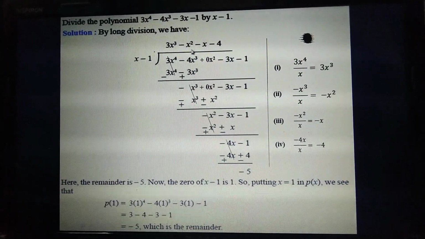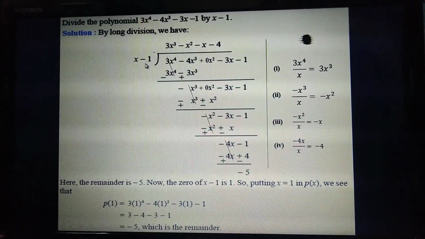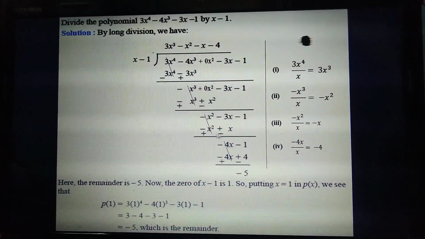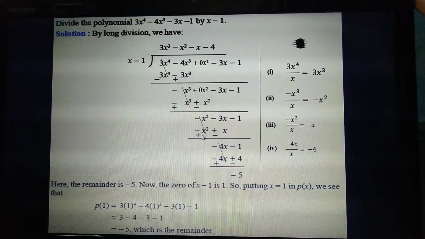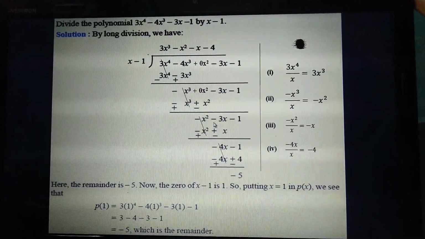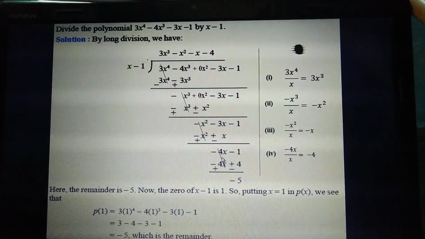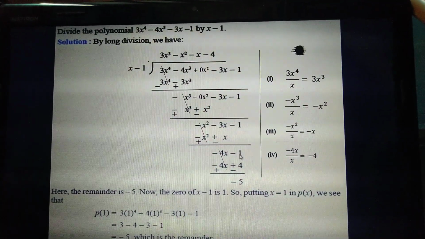That is x into minus x squared. Minus 1 into minus x plus x. So change the sign, plus minus. So minus x squared plus x squared get cancelled. Minus 3x minus x, that is minus 4x. Minus 4x. Here minus 1.